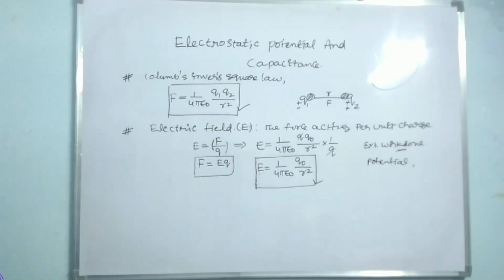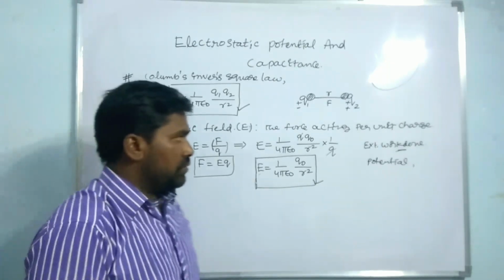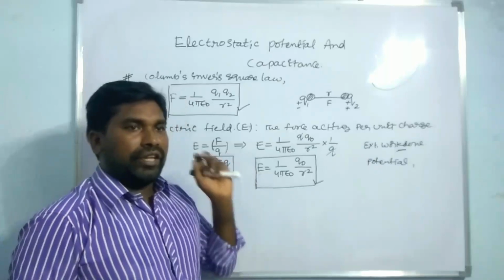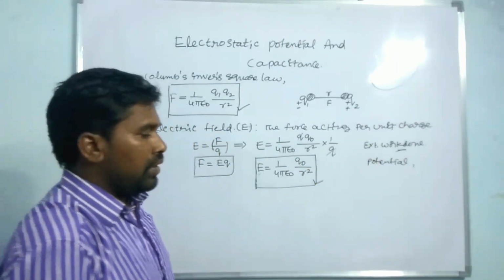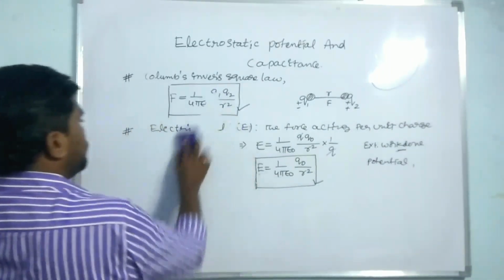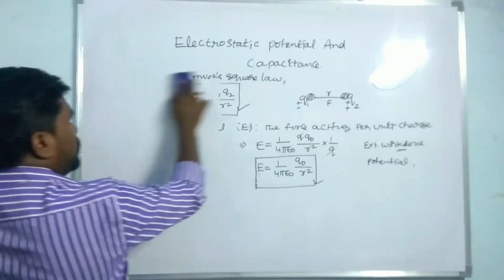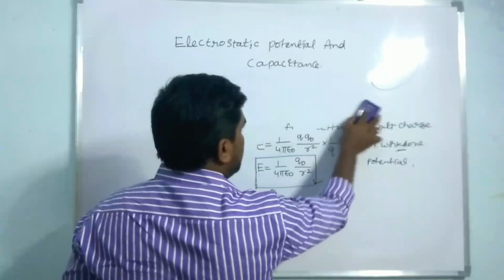Now we have to derive the equation of the potential for a test charge, the equation for the potential on a point charge. Okay, let us see how we can derive it. So these are the basics needed to learn this chapter.